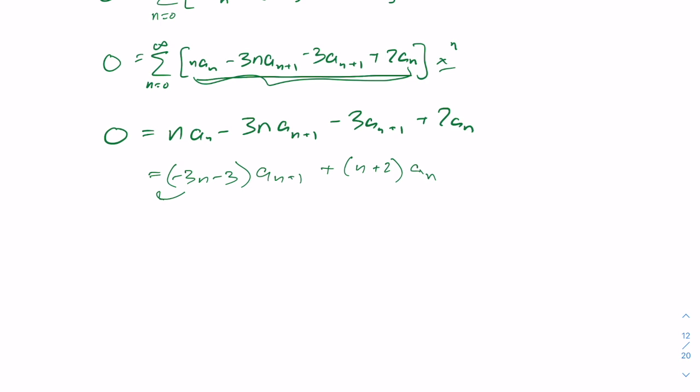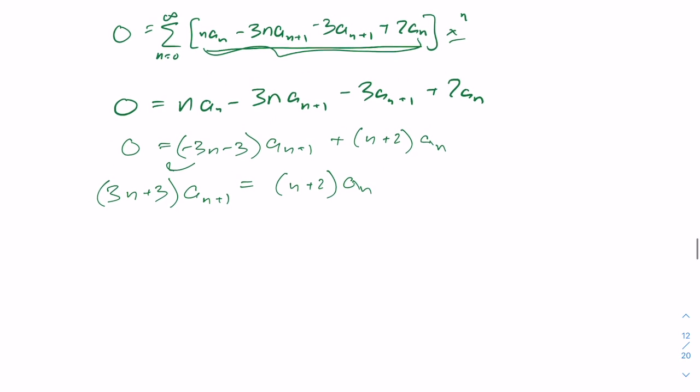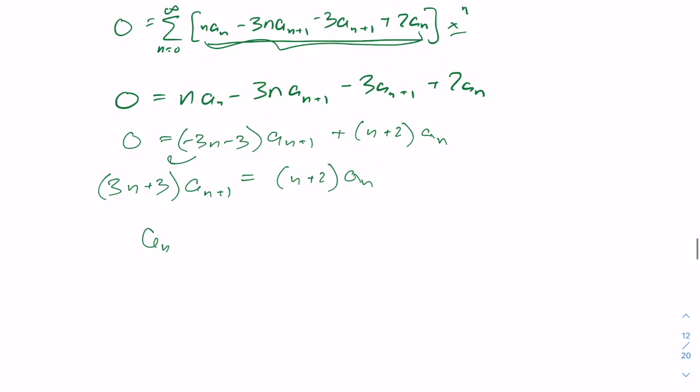Well, let's move that over. So I have (3n plus 3) times a_(n plus 1) is equal to (n plus 2) a_n. And so a_(n plus 1) is equal to (n plus 2) divided by (3n plus 3) times a_n.